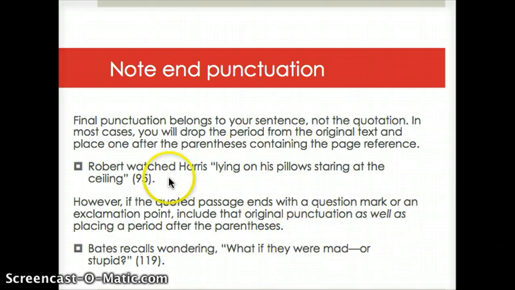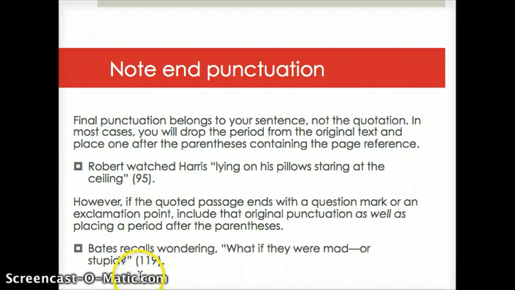You'll notice that end punctuation changes when you add a quotation. You are the one adding the final punctuation, and you're going to remove the punctuation from inside your quotation. So you'll notice that there's no period inside the quotation marks. That period has been removed, and then you add your own outside of the citation in brackets.